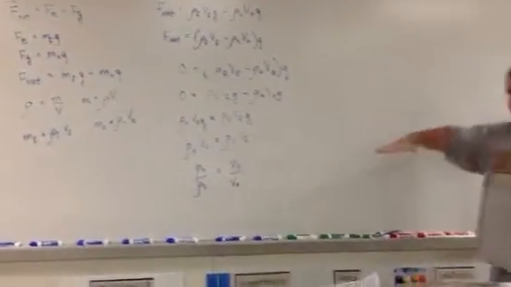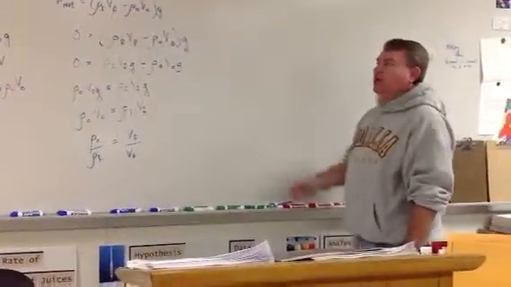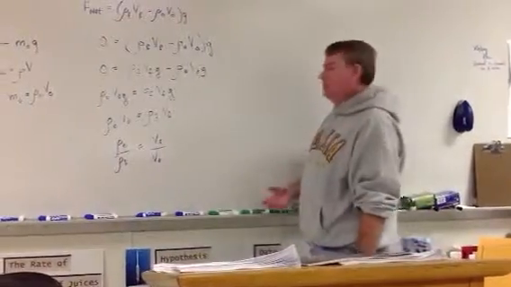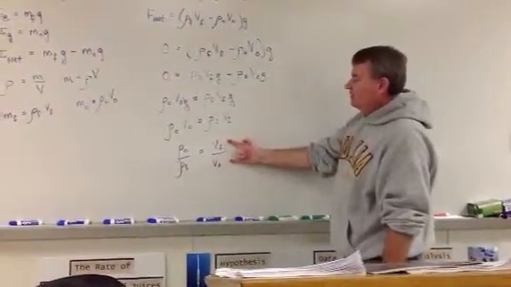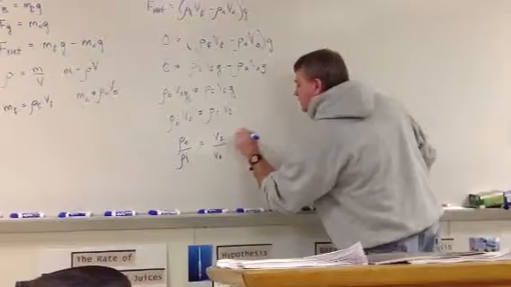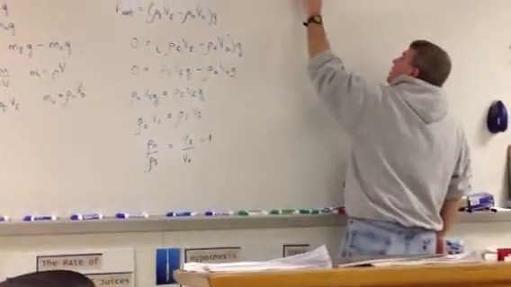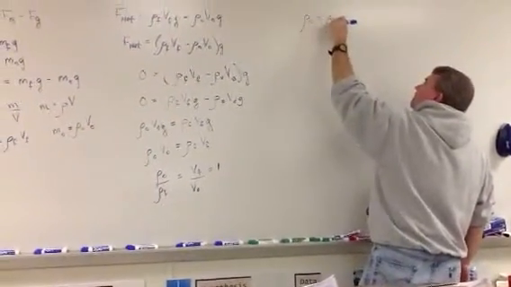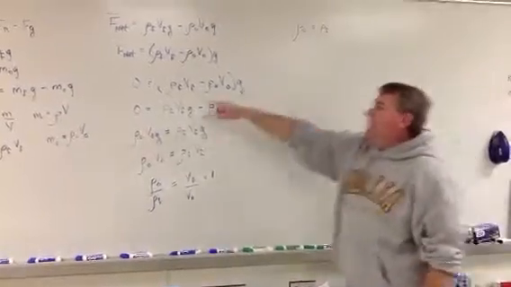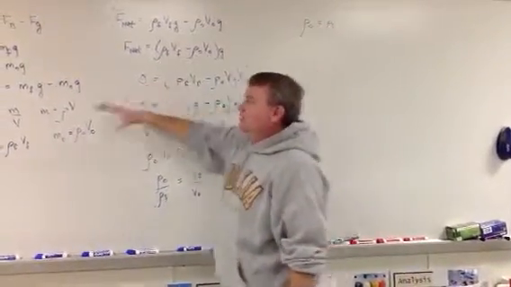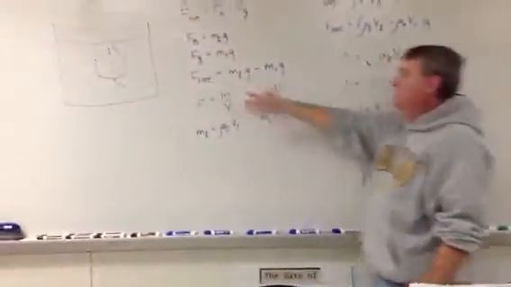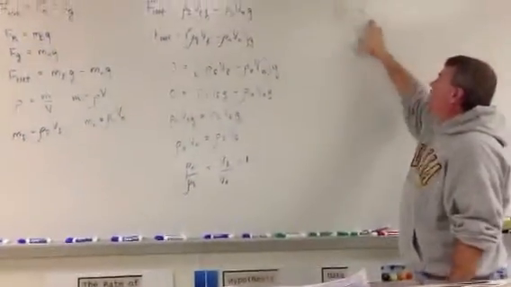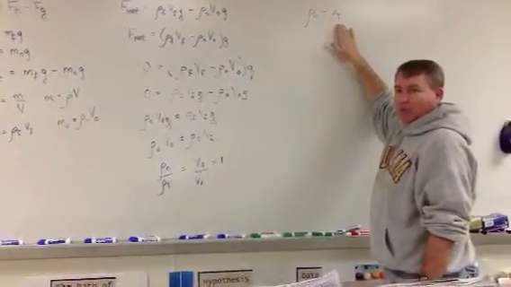Because if you put an object inside of a fluid, it's only going to displace fluid equal to the volume of the object. So V_f over V_0 is equal to 1. And this means that rho_0 would be equal to rho_f. So if an object had no net force acting on it, and it was suspended floating inside of a liquid, then the density of the object is equal to the density of the fluid.